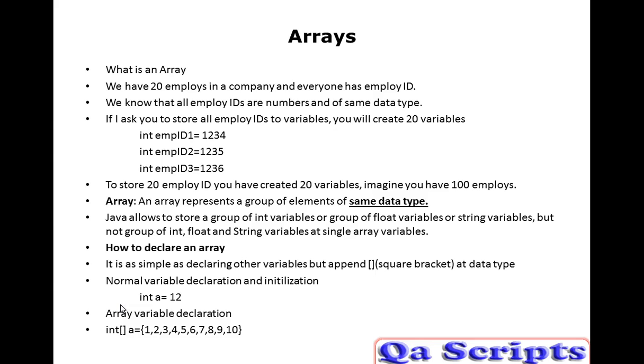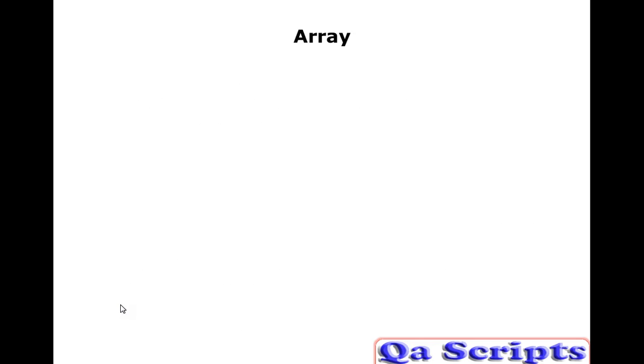But overall, declaration of an array is nothing but data type followed by brackets, then the array name equals the array values in curly brackets. You can also declare in this way. Here I have given the data type, then the array name. After the array name I have given the brackets. Either one you can use, both are acceptable.